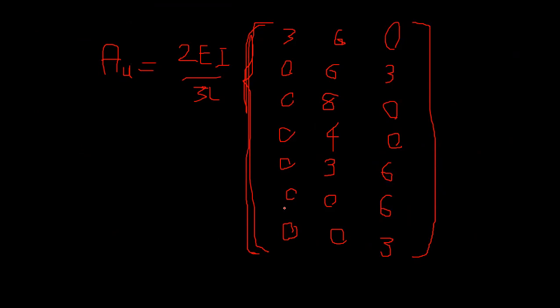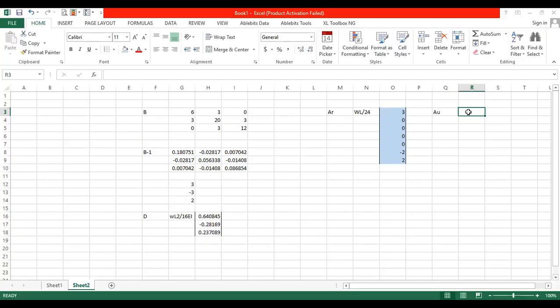So yes, now I found everything. Can go back to Excel. So I took 2EI over 3L out.